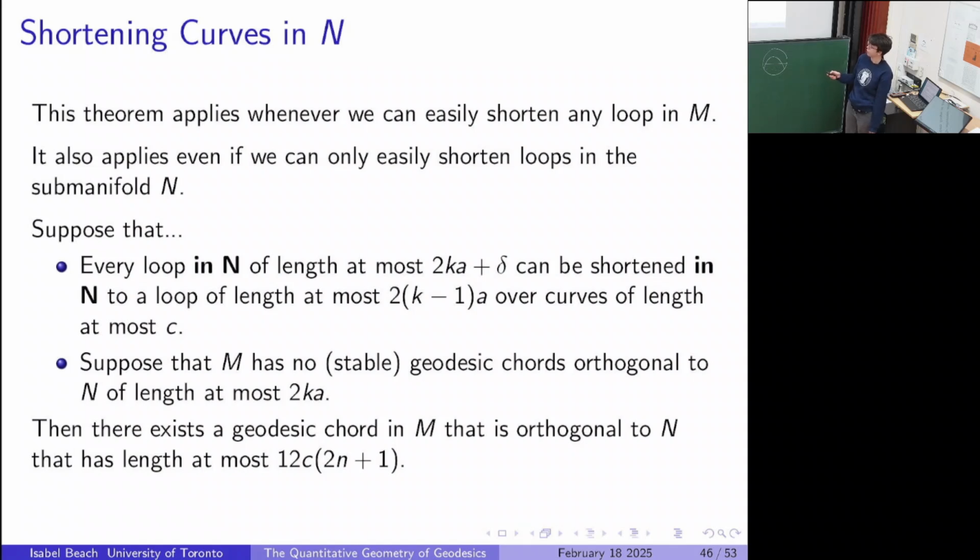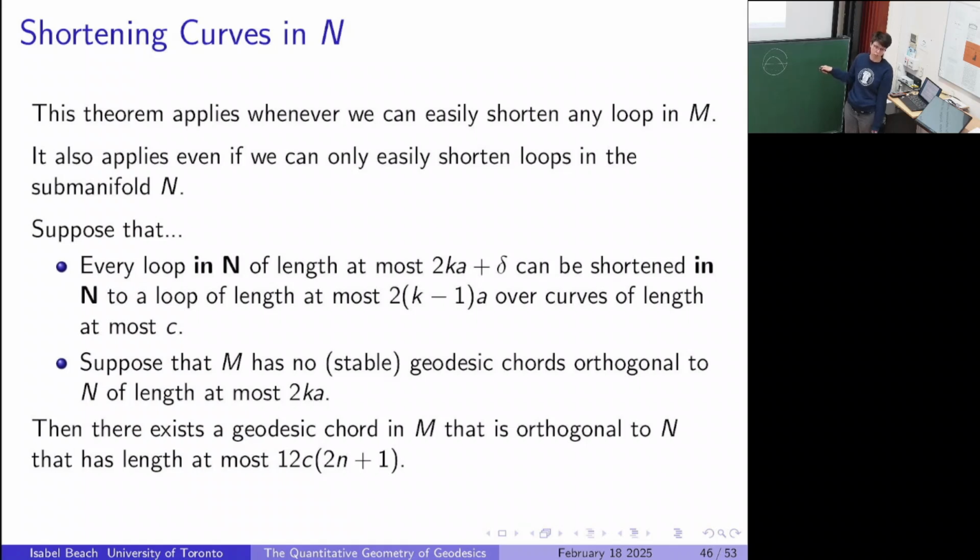So what you need to do, so assume you can shorten curves in your submanifold with that same hypothesis we had before, and also assume that there are no stable geodesic chords orthogonal to n of short length. If this is true, then you can prove that there is a chord in M orthogonal to n that has length at most 12c times 2n plus 1.